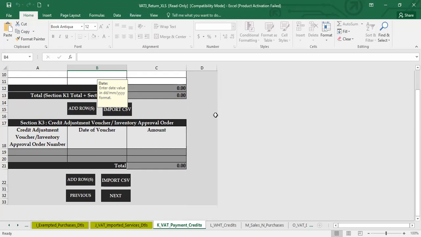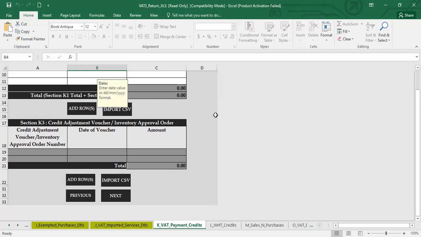The customer that you sold to, say you gave them more goods than what they had ordered. Remember you charged them VAT, you applied VAT, right? So what we do is a credit memo. There is what we call a credit memo and a debit memo. So when you do that credit memo or a debit memo, this is where you recognize it. That is why you are seeing credit adjustment for the inventory approval order.